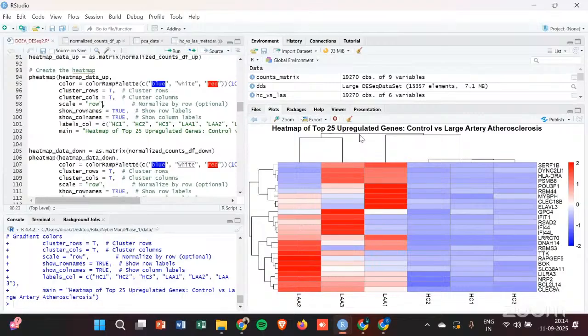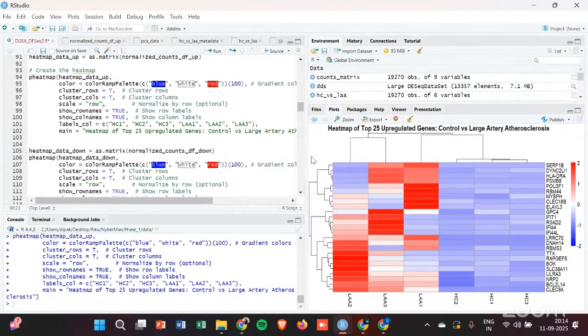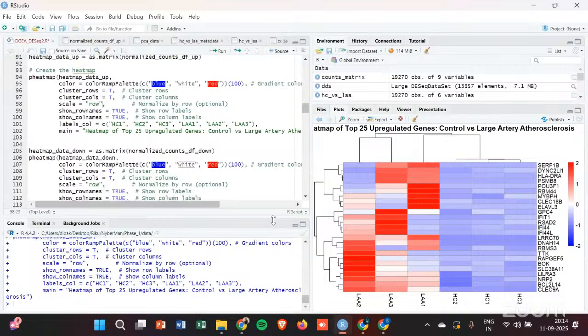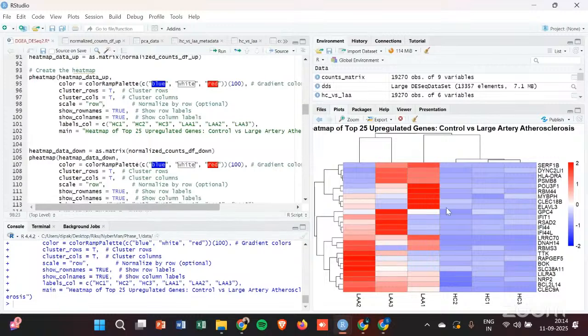That is why I personally plot them separately, because ideally they should separate out properly in case of both upregulated as well as downregulated separately. It is absolutely fine if you plot them together. A lot of papers do that. It's not wrong. This is one approach, and this also makes sense.